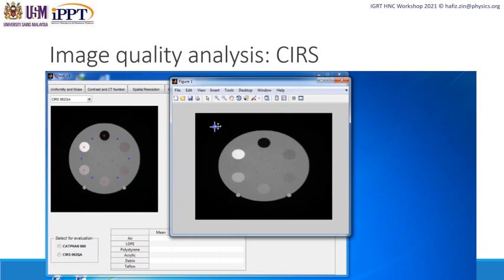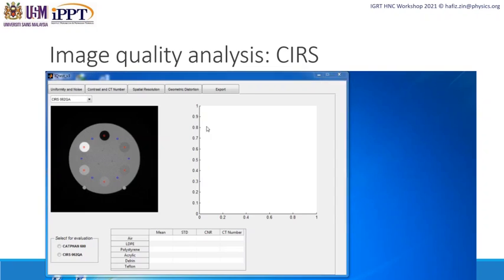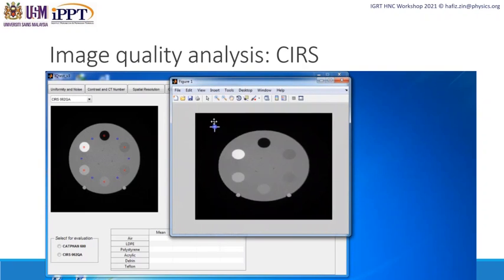We calculate the pixel value inside each of these regions. So we get the mean and also the standard deviation of each of them, and also we measure the background of each of these regions. Then we can calculate the contrast values based on this measurement and calculation.